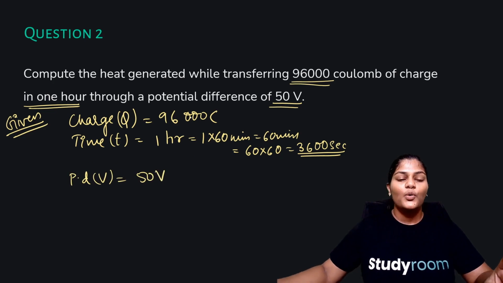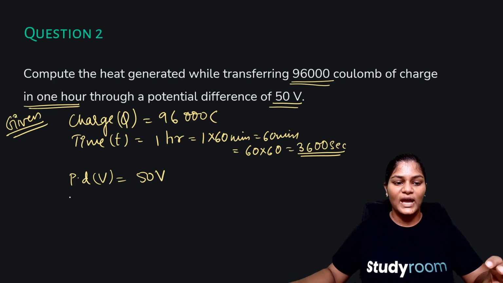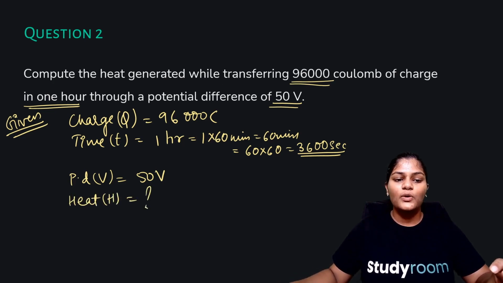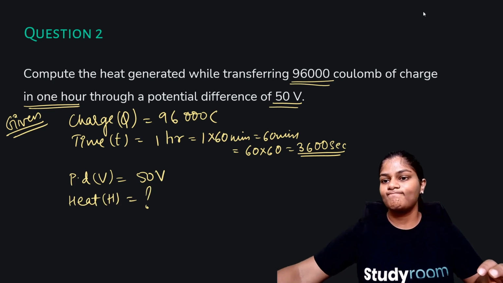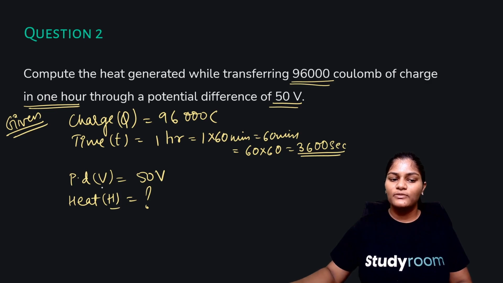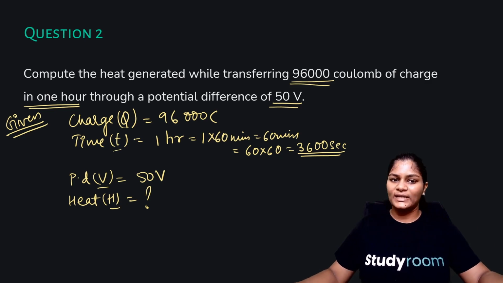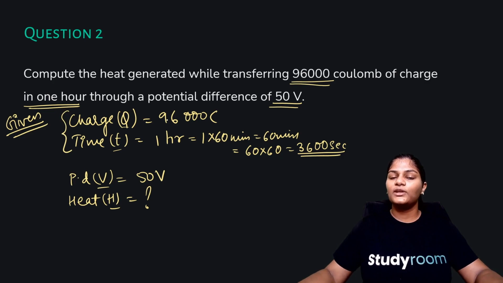Okay, great. What do we have to compute? We have to compute the heat generated. So we have to find heat. Now, is there any formula that comes to your mind that uses H, V, Q and T in any way? I don't remember any formula that has Q and T, but what can I find using Q and T?